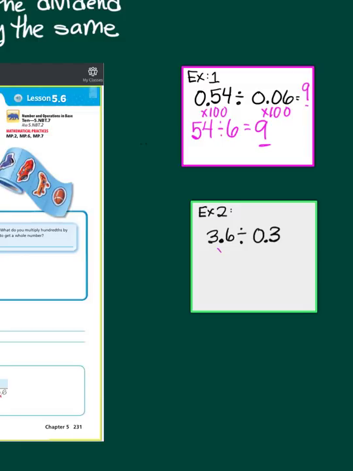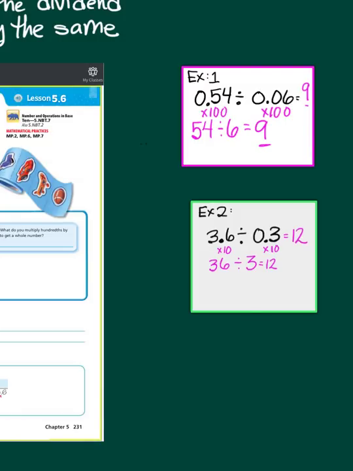So for this one, I'm going to multiply by 10 to get an equal power of 10. That would be 36 divided by 3, and I get 12. So you multiply those by 10, and this and this would equal 12.